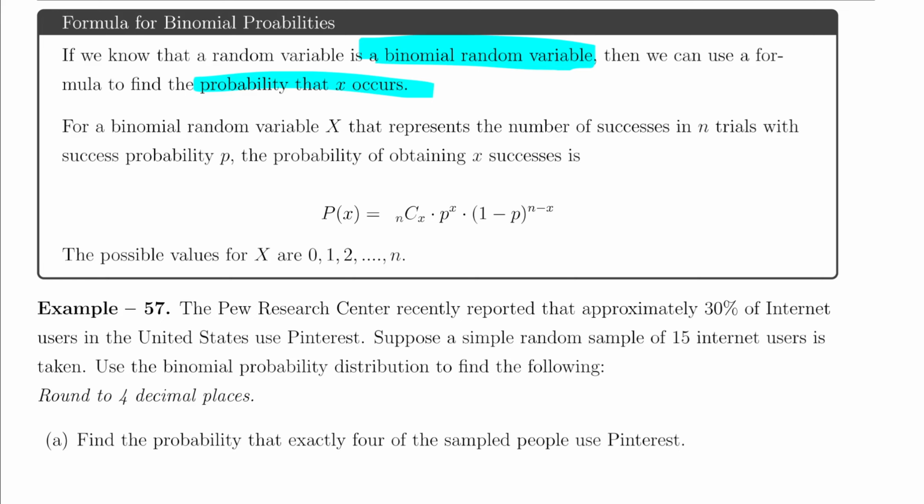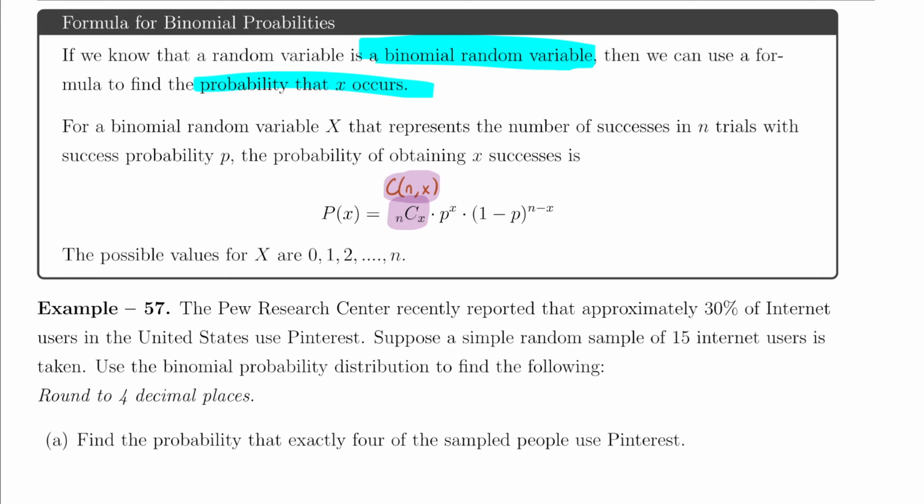This right here is the notation for the combination of n things choose x. In different textbooks or different notes, we might see the formula written as C of n choose x. So just be familiar that those are the same thing notation-wise.